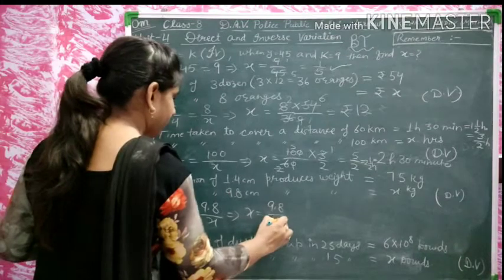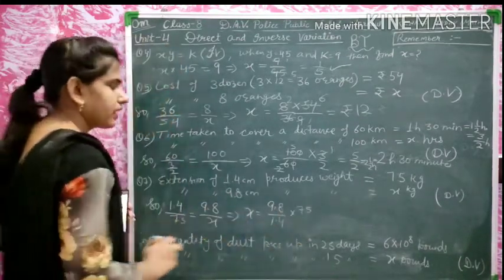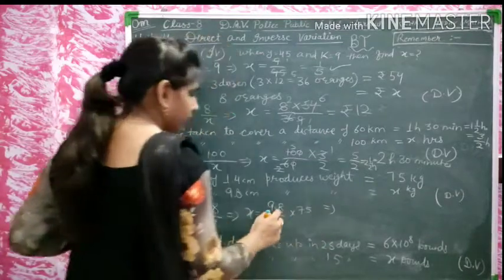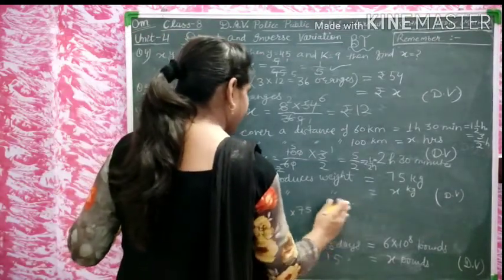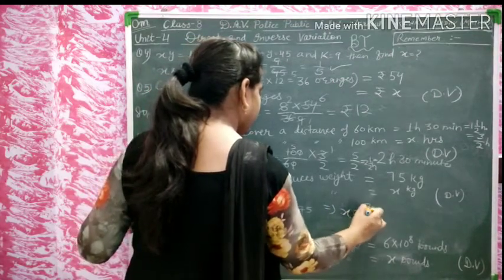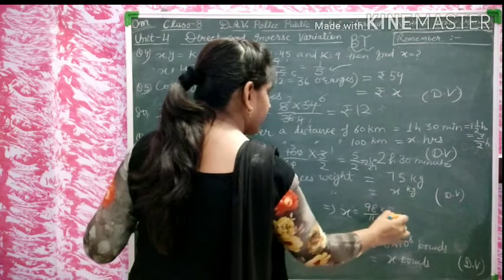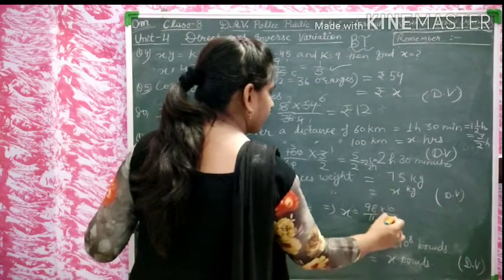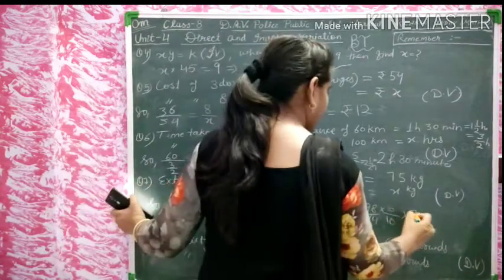It implies x is 9.8 divided by 1.4, multiplied by 75. Now we have to see there is a decimal, so observe this decimal. 98 divided by 14, into 10 for 14, 1.4 divided by 10, that is 98 by 14 into 75.